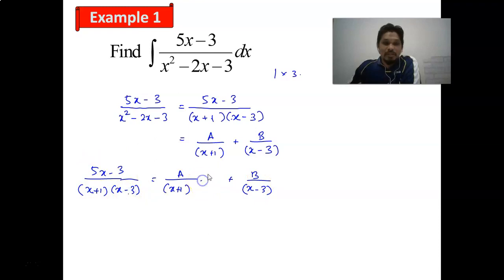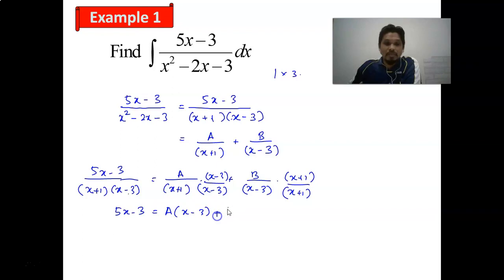So we multiply with x minus 3, and the same goes for this one, multiply with x plus 1. Now the denominators are already equal to the question here. So we can just look at the numerator, which is 5x minus 3 equals a(x minus 3) plus b(x plus 1).